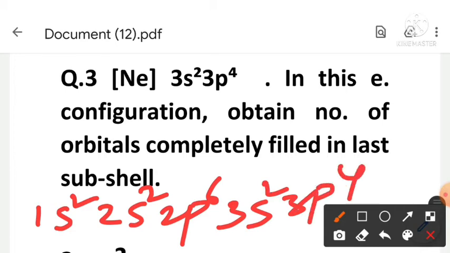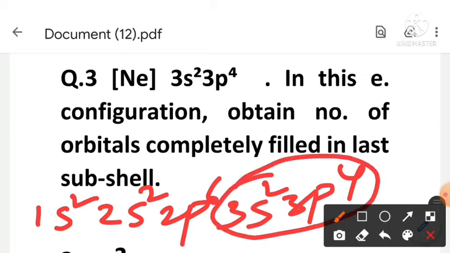So we have to derive the last subshell. Here we know the outermost shells, and now we have to derive the last subshell. Here 3s2 and 3p4. So here the last subshell is 3p4. We have to derive the completely filled orbitals.